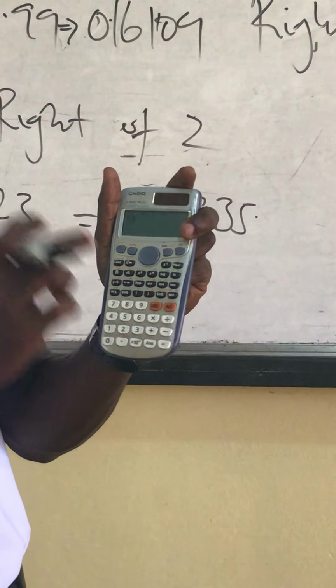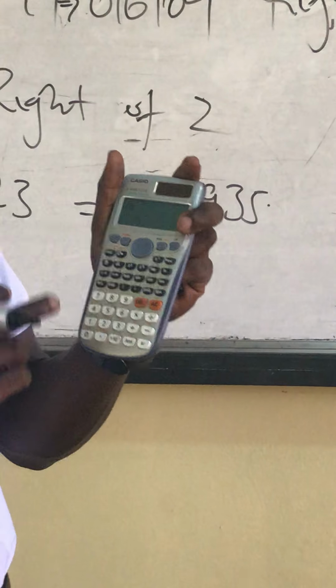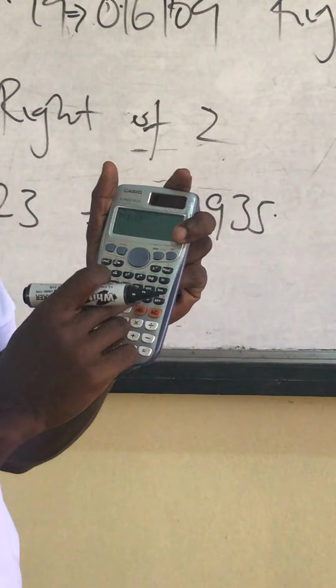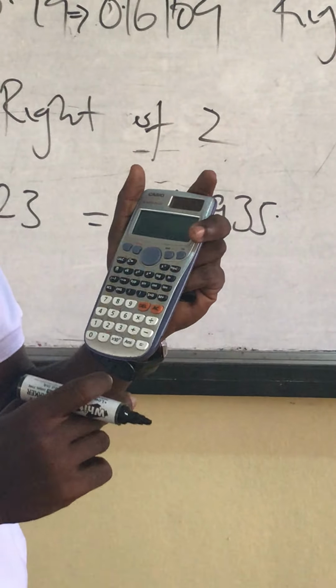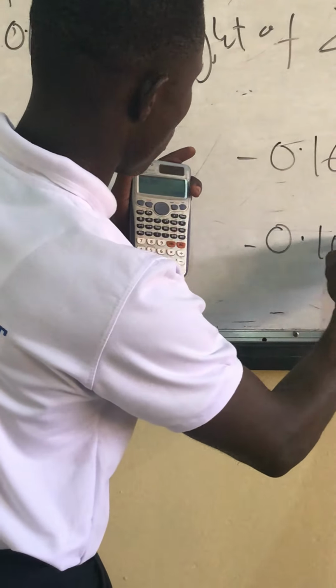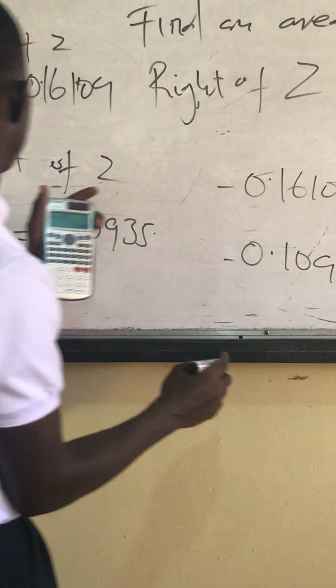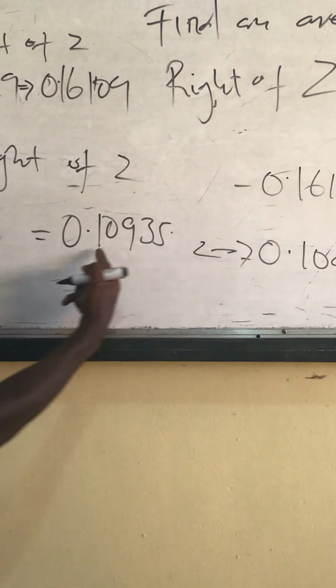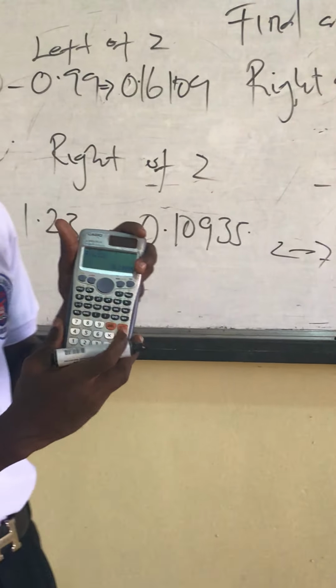So you press 3. Then you enter the number there, that's what? 1.23. Then you close the bracket. When I press equal to, my final answer on the calculator is 0.10935. You can bear with me that this answer corresponds to this answer, meaning that I'm correct.